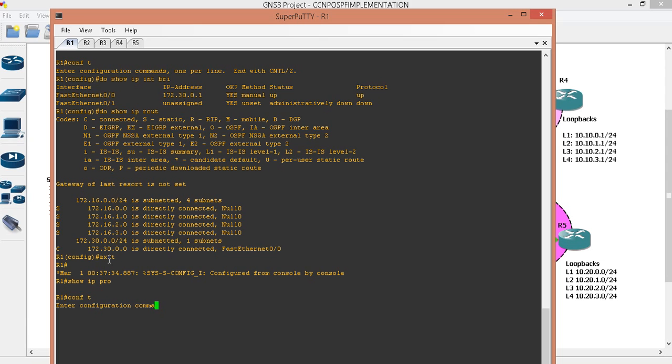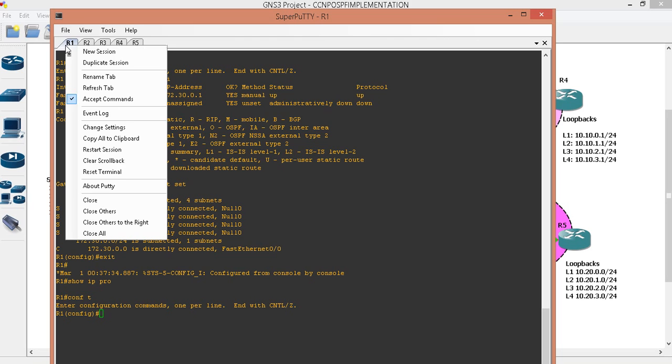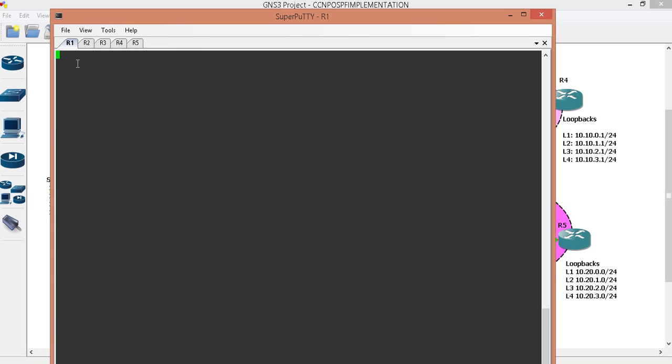So I'm going to global configuration mode, and then router ospf 1. Router ID, that's the first thing you should do: 1.1.1.1. Remember, it should reflect the host name. Then the network command.